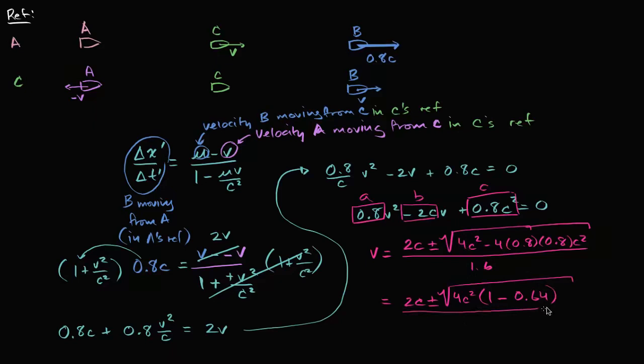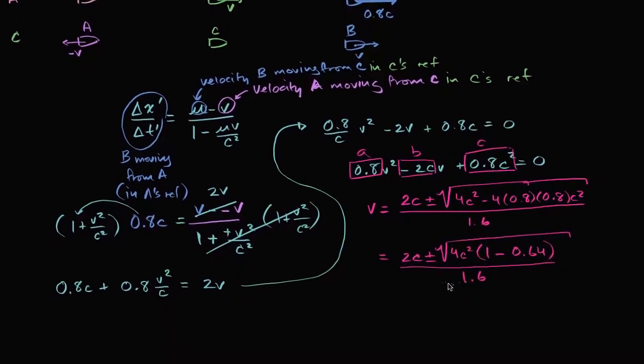Of course, all of that over 1.6. And this is going to be equal to, and this is all algebra at this point, 2c plus or minus. If I take the 4c squared out of the radical, it's going to be 2c. So 2c plus or minus 2c times the square root of 1 minus 0.64. Well, that's 0.36. Things are getting nicely simple now, all over 1.6.